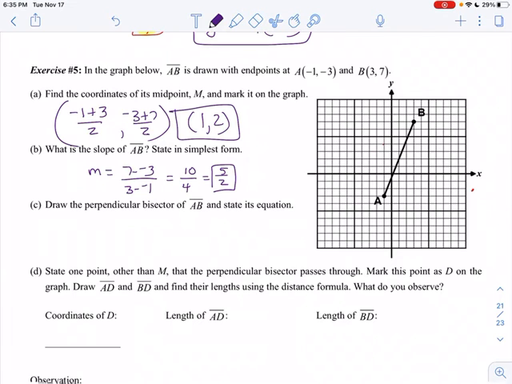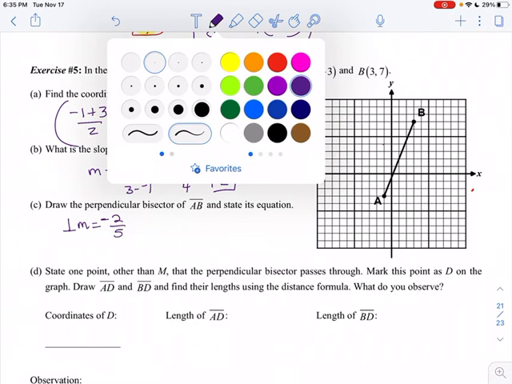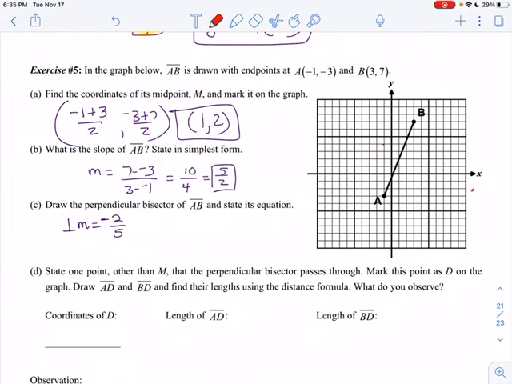Now I want to first draw the perpendicular bisector, and then I'll write its equation. So remember, if it's perpendicular, I need the perpendicular slope. So I have to take that slope of 5/2, flip it, and change the sign. So now I am going to start at my midpoint, which is (1, 2), which is right here.